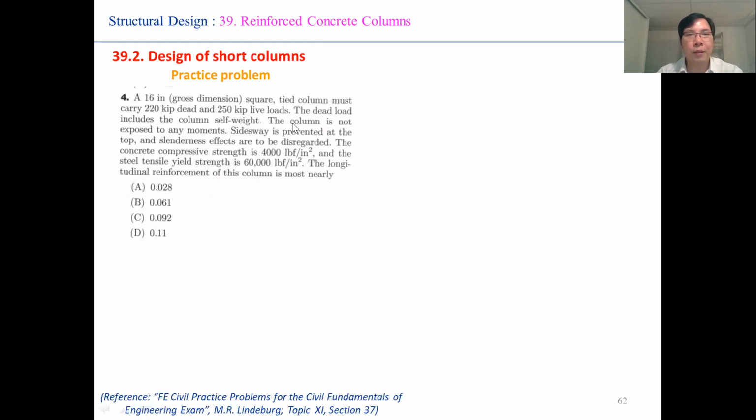Okay, and after they give you the properties of the concrete and the steel. The question is, what is the longitudinal reinforcement of this column, and they give you 4 options for answering.